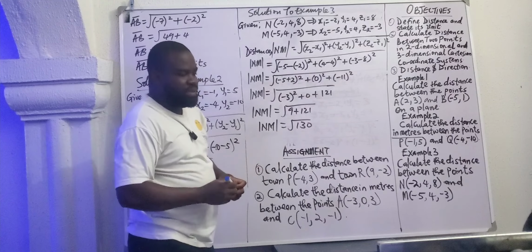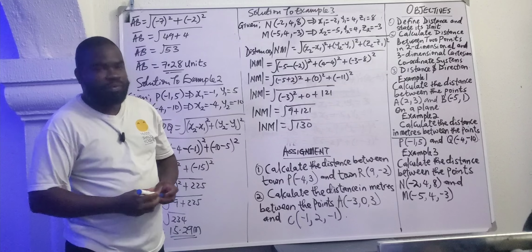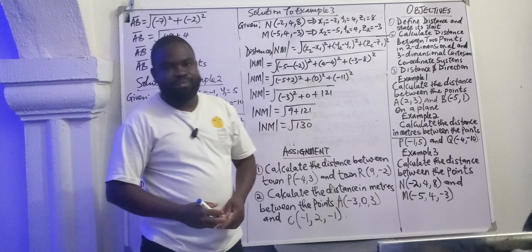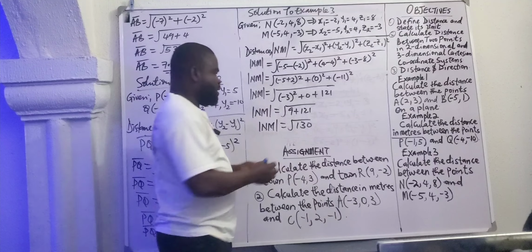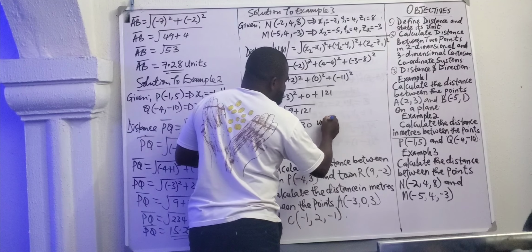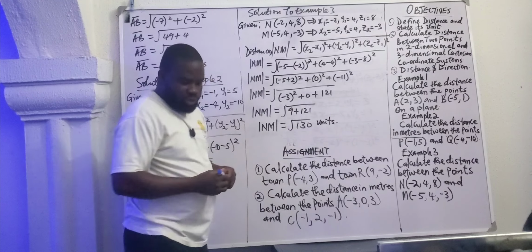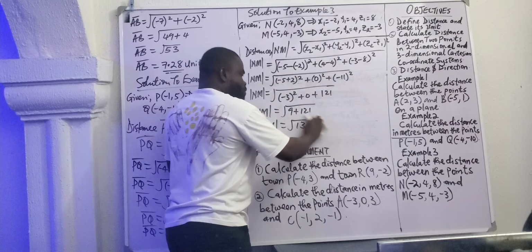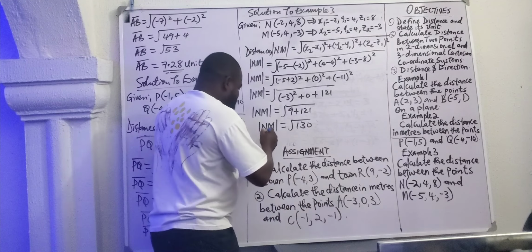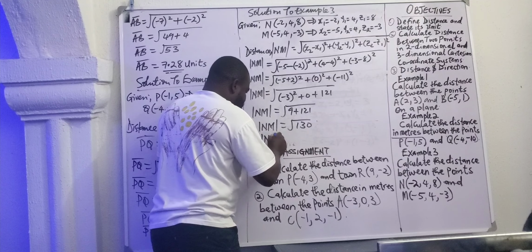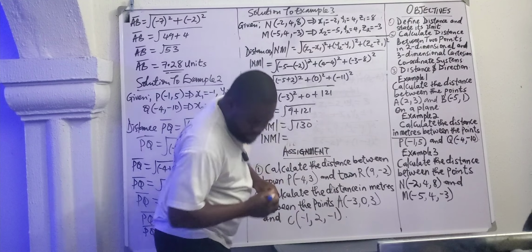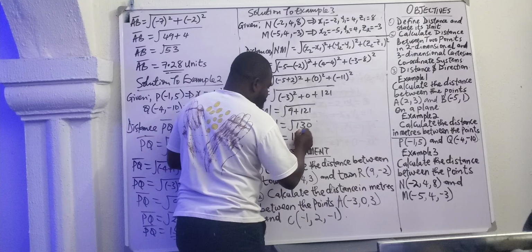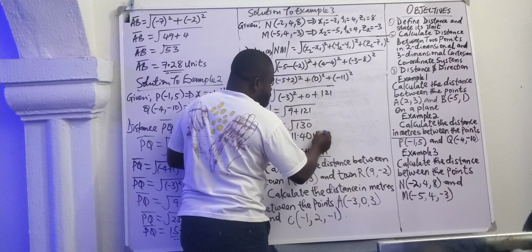Once again, I can stop there if I'm without a calculator. Now, in this question, we're not told to express the distance in meters. So which unit am I going to put there? I will put unit if I'm stopping here. But if I have access to a calculator, you take the square root of 130, you are going to get 11.40, and I will put unit.